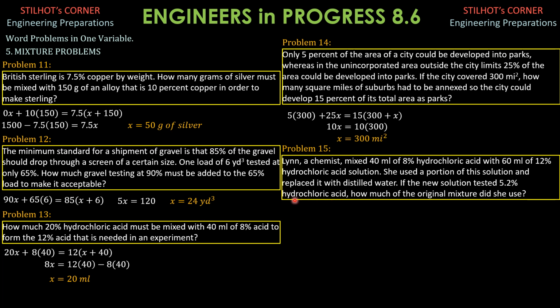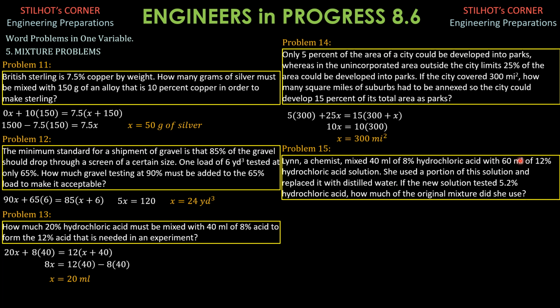So first, we do not know the resulting concentration of hydrochloric acid in the mixture. So we'll first solve it, and we will call x the portion of that resulting solution to be replaced with distilled water. And take note, distilled water is 0% hydrochloric acid.